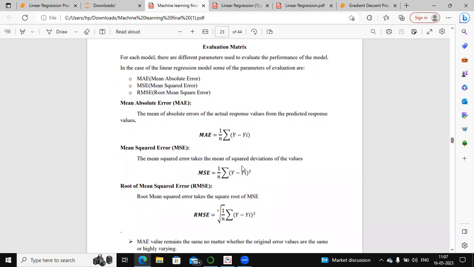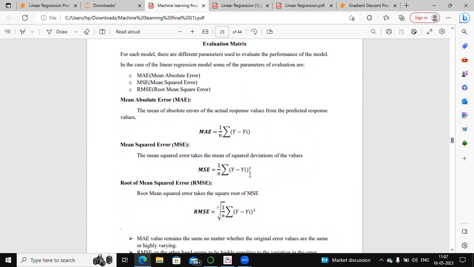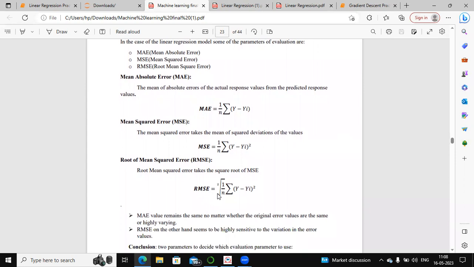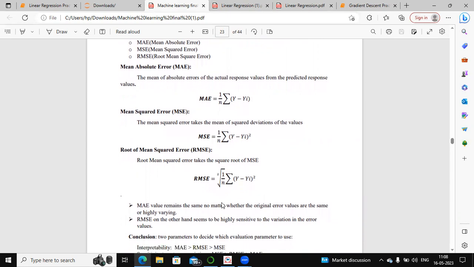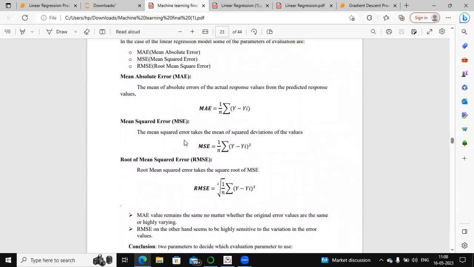Mean squared error: the error is y minus y cap, squared, and then you take the mean, 1 by n. Root mean squared error is the root of the mean squared error. This is all about mean absolute error, mean squared error, and root mean squared error.